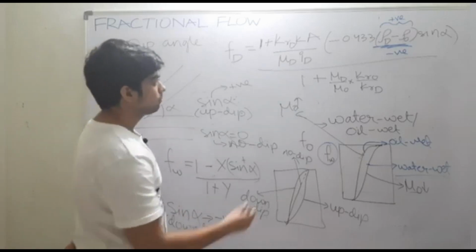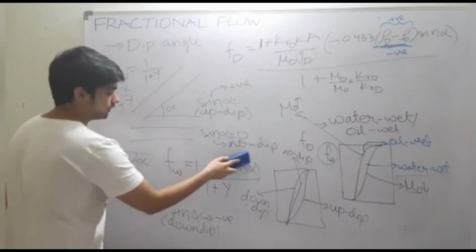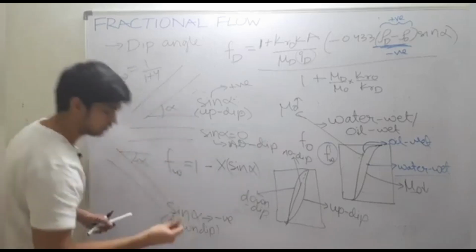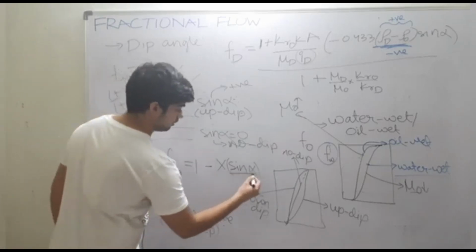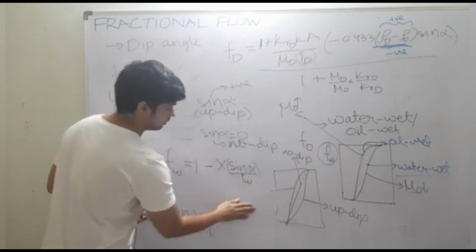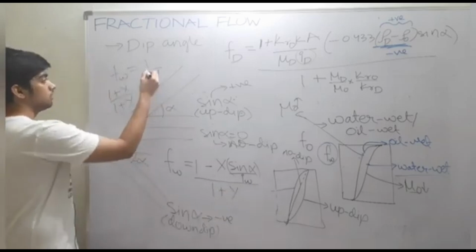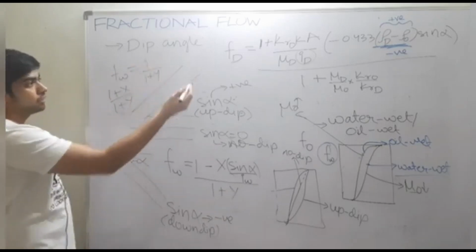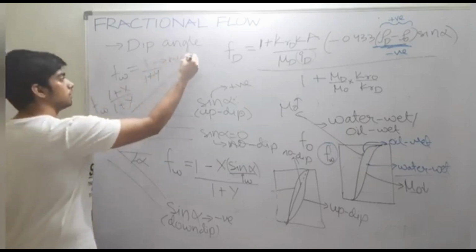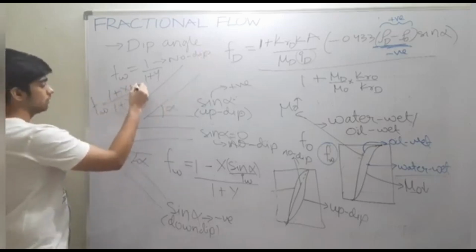Now let us talk about injection rate. So we will use the same equation again, and there's one minor change that we will make. In this case there will be no effect of injection rate, and so this is your no dip, and in this case sin alpha.